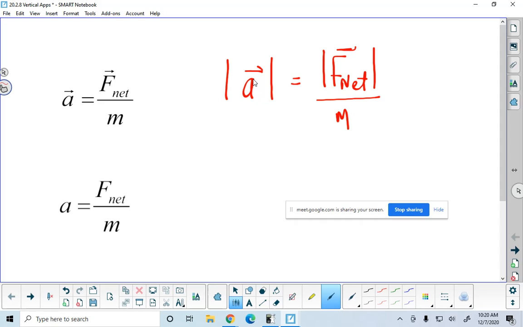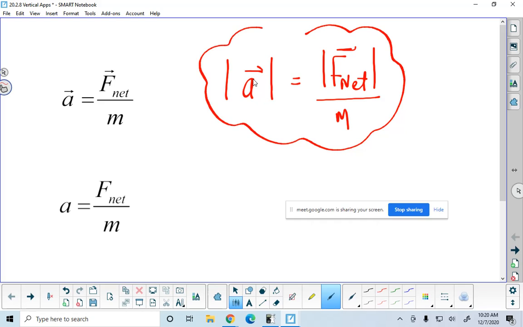We do not want to use positives and negatives in formulas over the next few days unless it's a kinematics formula. So this formula here, which is Newton's second law of motion, is simply talking about the magnitude of the acceleration being equal to the magnitude of the net force divided by the mass. And that's the same as this formula, by the way.